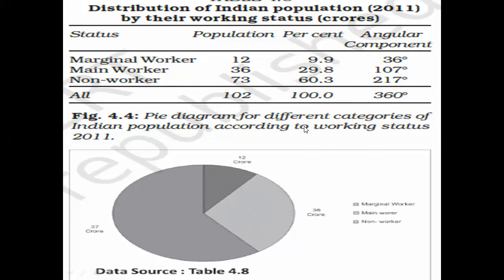So pie diagram for different categories of Indian population according to working status in 2011. So you can see here marginal workers it is showing, main workers here, and the non-workers, like that. The total is 100.